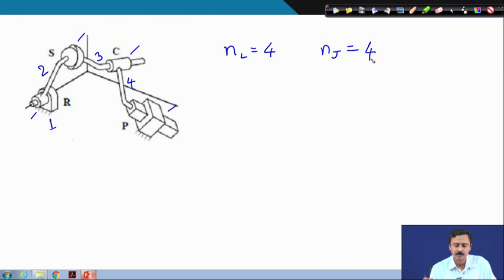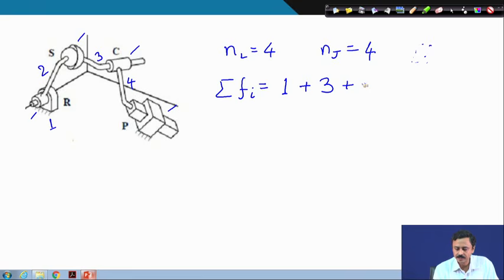So, number of joints is 4, and summation of degree of freedom of all joints, let me do this calculation here. For the revolute it is 1, for the spheric it is 3, for the cylindric we have 2, for the prismatic we have 1. Therefore, we have total 7 degrees of freedom for the kinematic pairs.